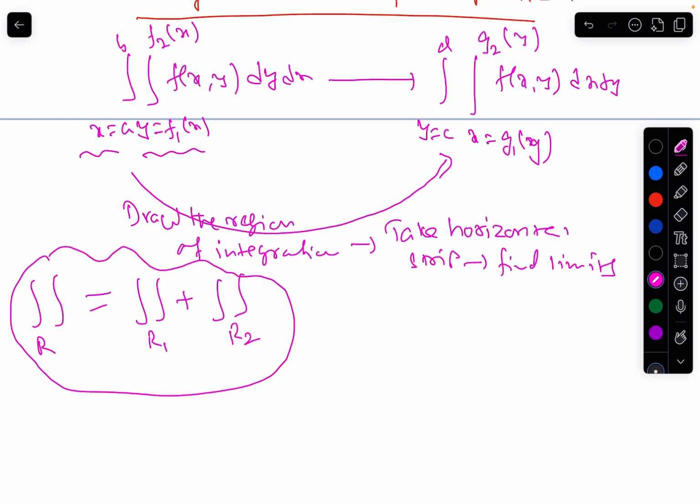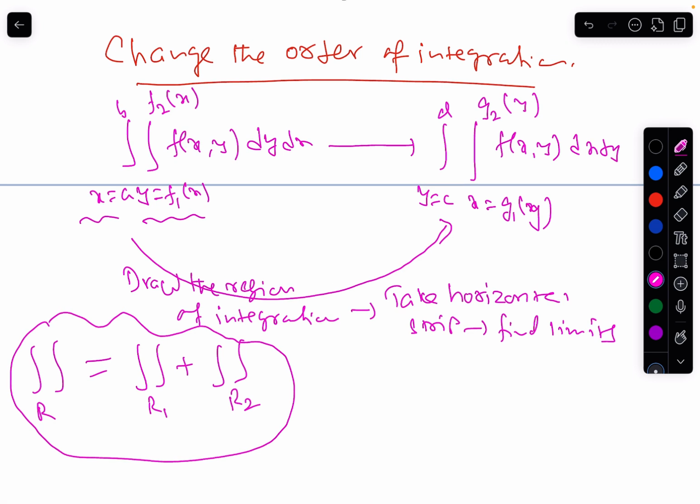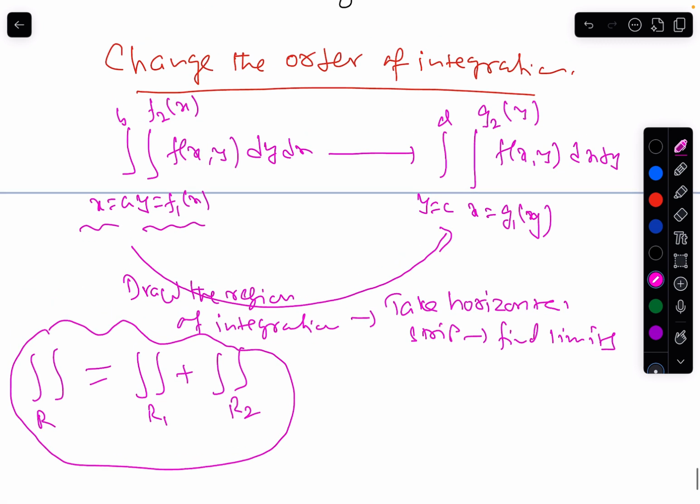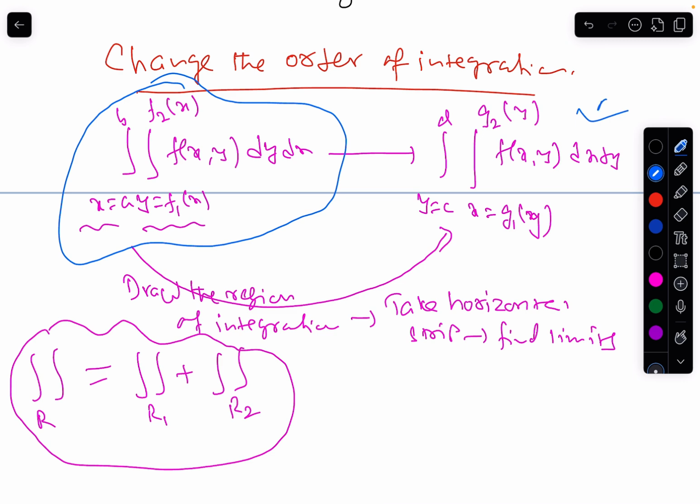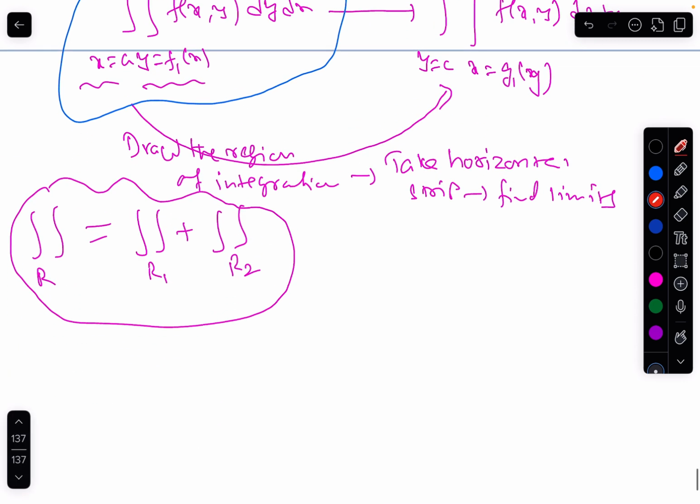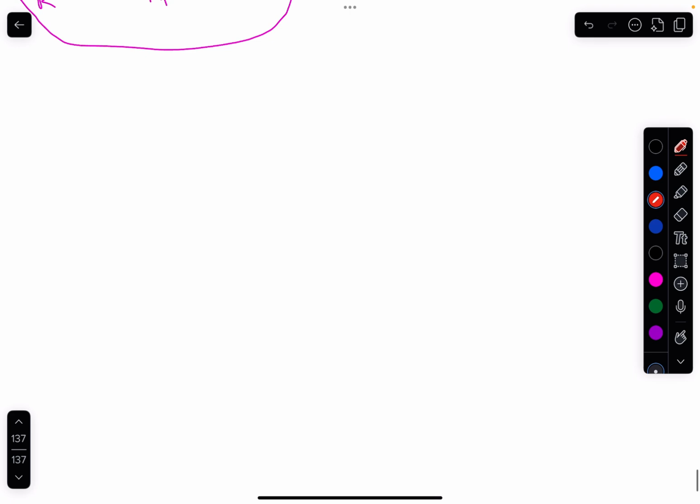For sake of simplicity, we shall not take this kind of example. But this is a very good topic in the sense that sometimes it is not possible or it is very difficult to integrate this way. But if we change the order of integration, the integration becomes very easy. So let us take the example.